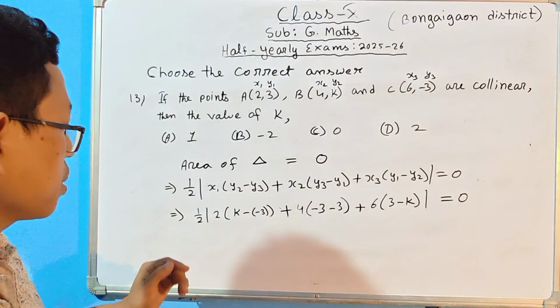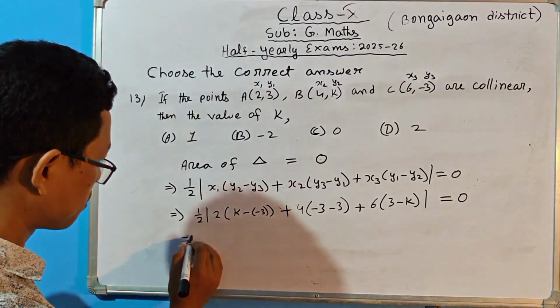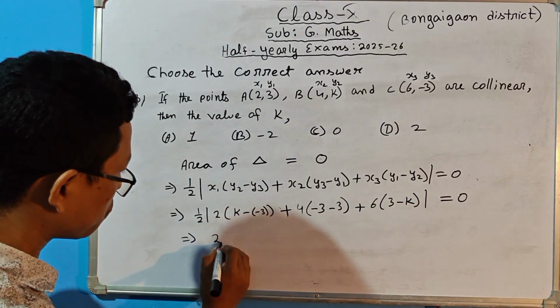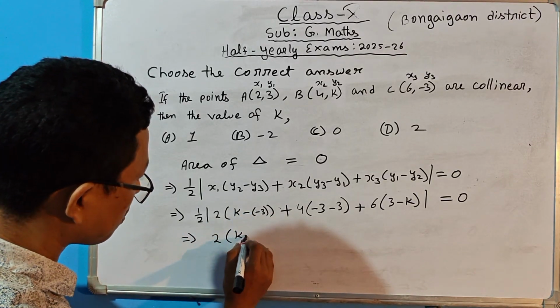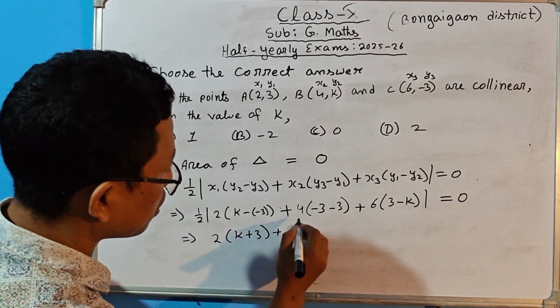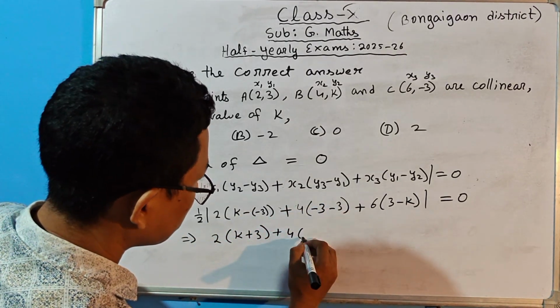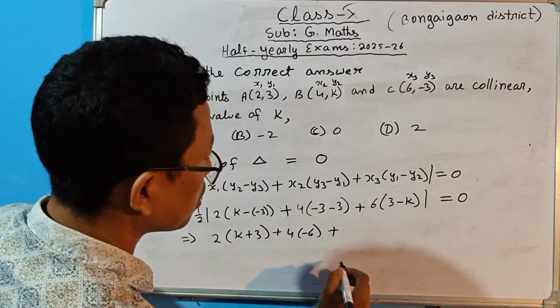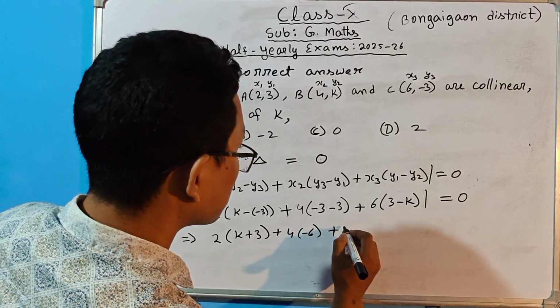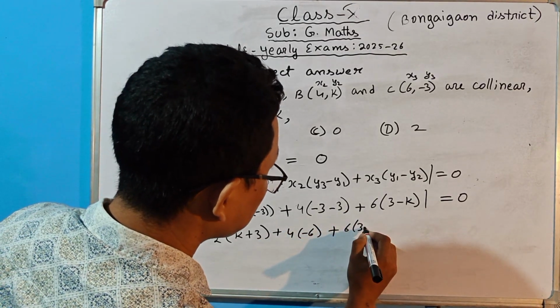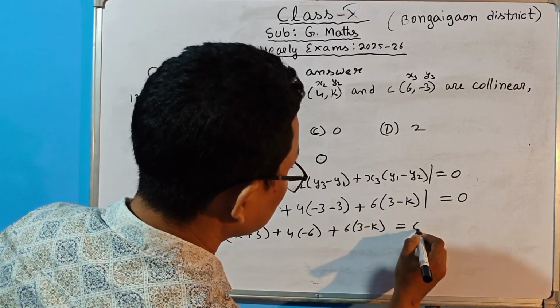Clear? Now we transpose this, and we have 2 times k plus 3, plus 4 times minus 6, plus 6 times 3 minus k equals to 0.